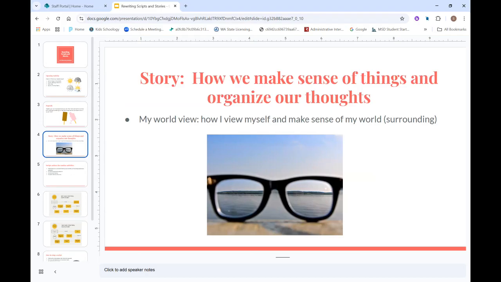Story is how we make sense of things and organize our thoughts. In other words, story is our worldview, how I view myself and how I make sense of my world. When I explain to kids, I would say stories are the beliefs, experiences, truths, and values, the things that make who we are.